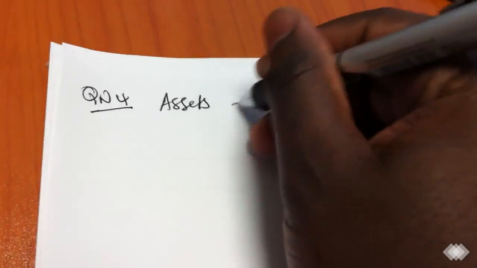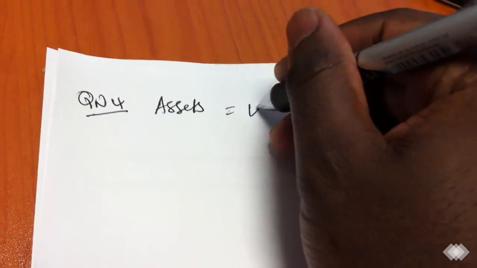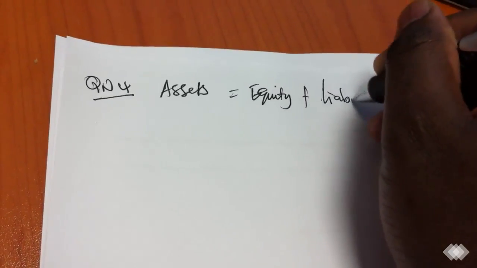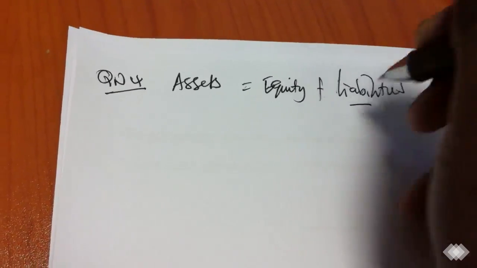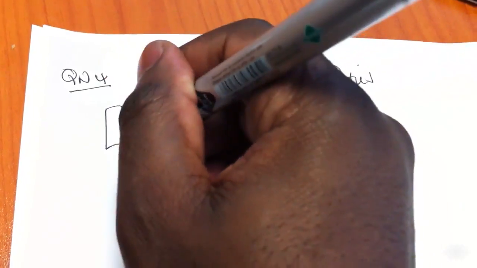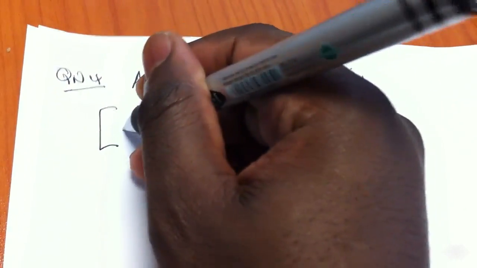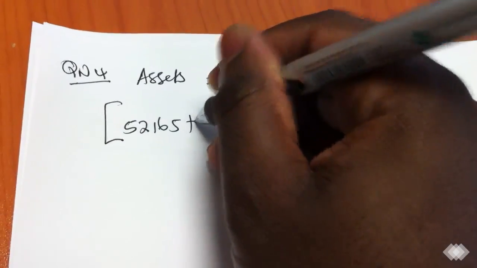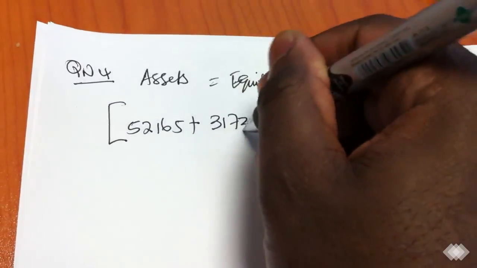You know that your formula says the basic accounting equation: assets equals equity plus liabilities, right? How much are your assets there? You have your land and buildings for 52165. You have your inventory 3173.